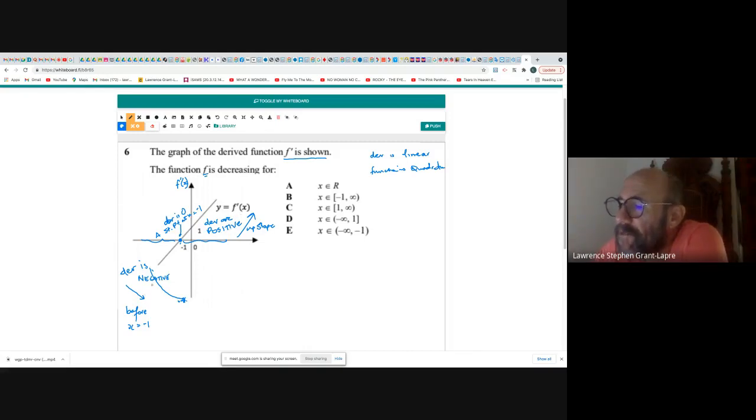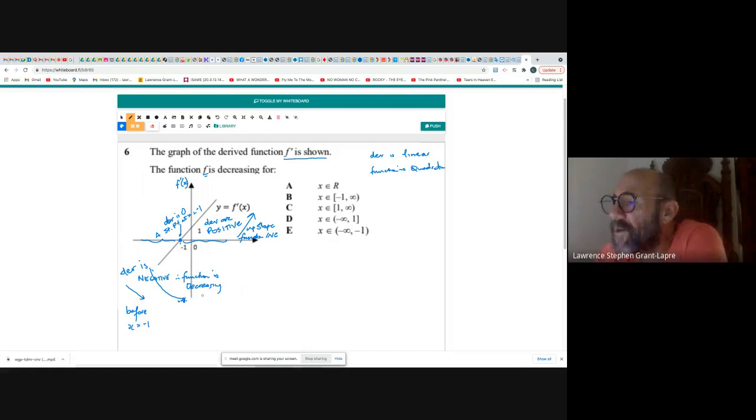If the derivative is negative, it means therefore the function is decreasing. Decreasing means coming down. If the derivative is positive, that means an upslope. It means that the function is increasing.